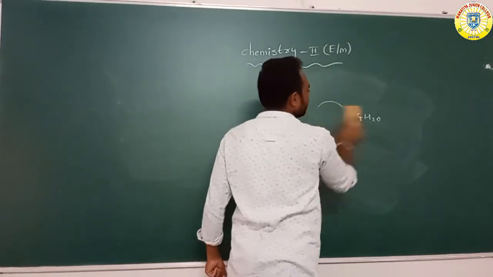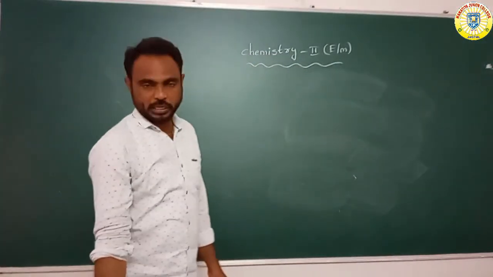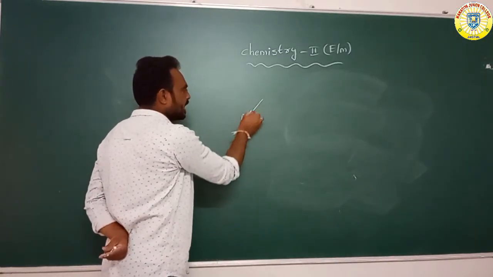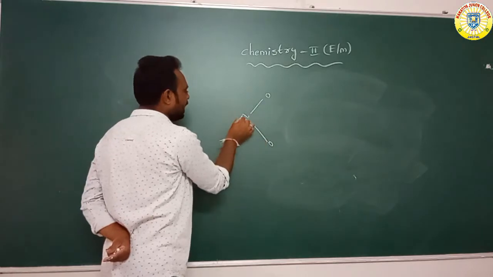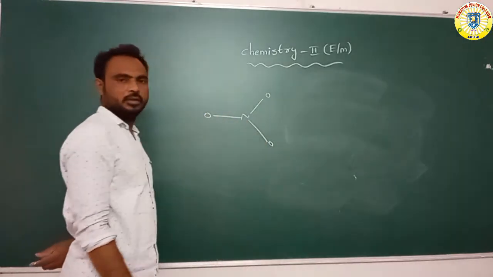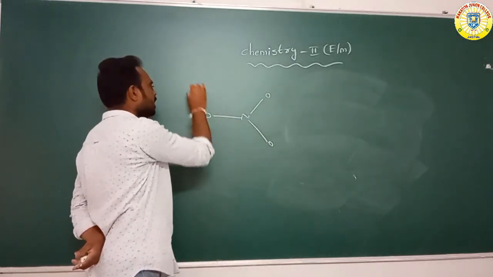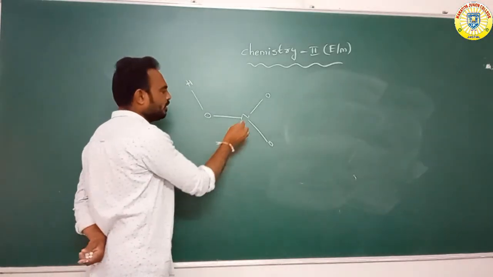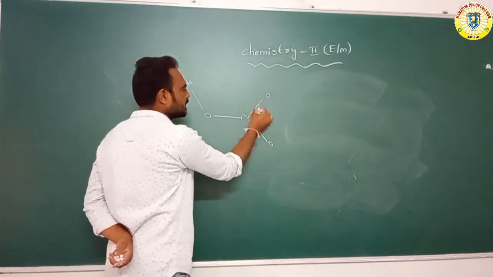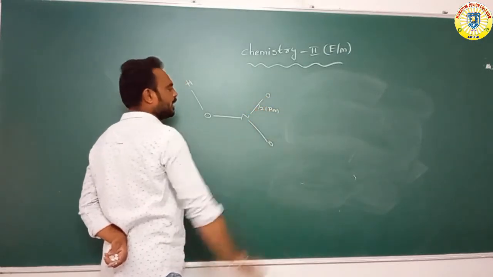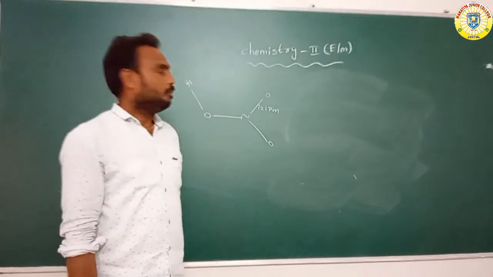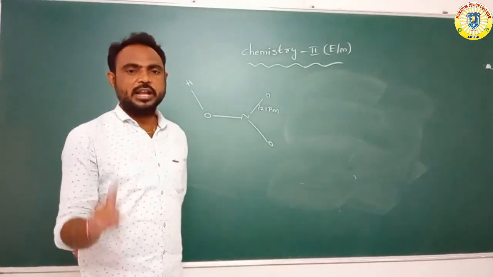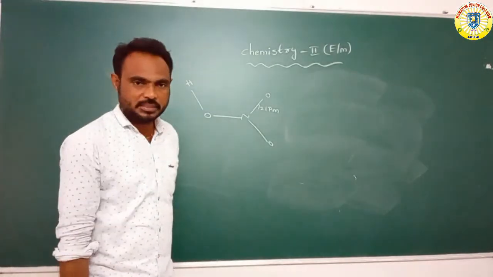Next further, what is the structure of HNO3? Overall, this nitrogen is attached to three oxygen atoms, and one oxygen atom is attached to the hydrogen. Between nitrogen and oxygen the bond length is 121 picometers.